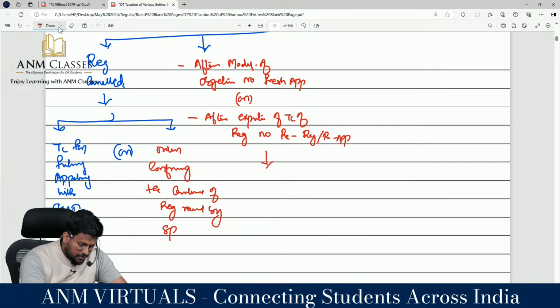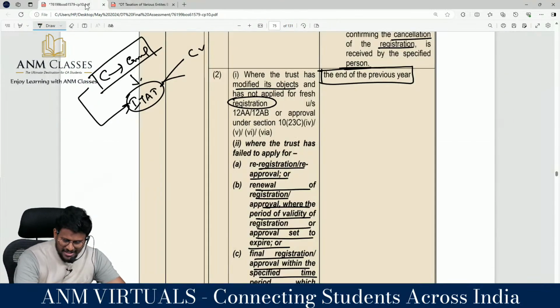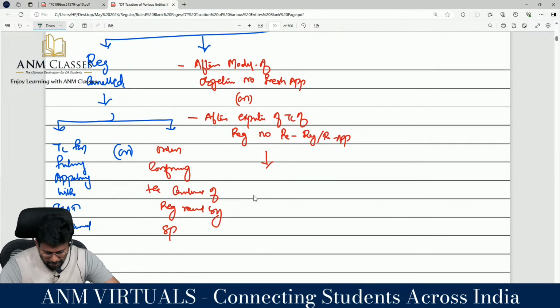Then from the end of the previous year, count 14 days.